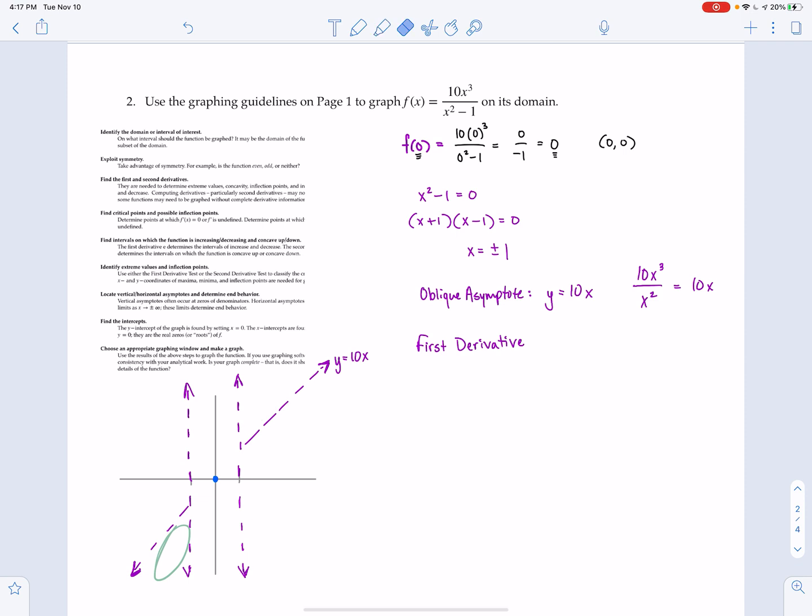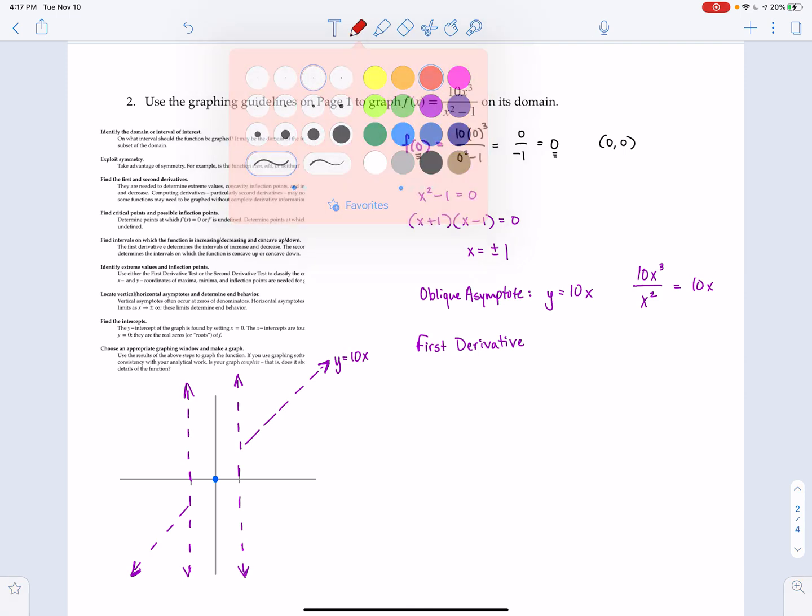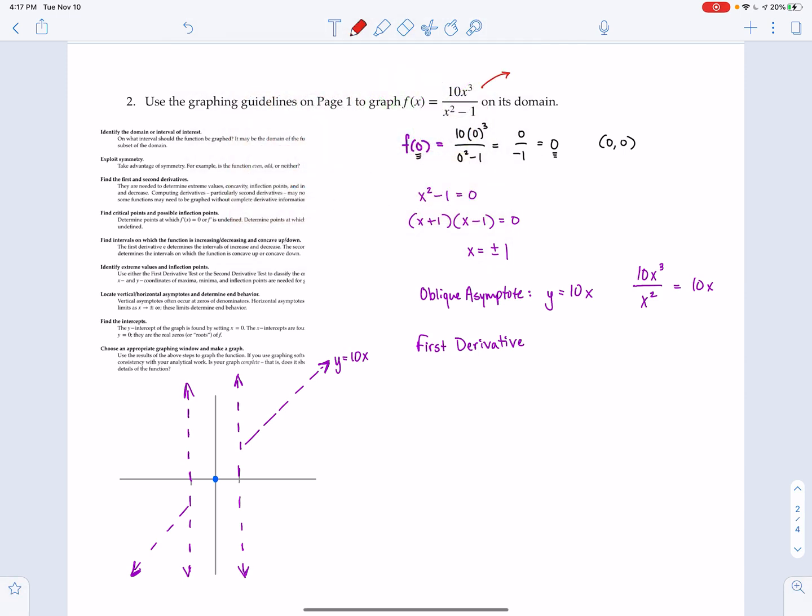So here we go. We need to take the derivative of the original function. That is a perfect example of the quotient rule. So I'm going to list my numerator and my denominator, and then the derivative of each of those things in order to help me complete the quotient rule. Then I'm going to use the quotient rule down below where I've written first derivative.